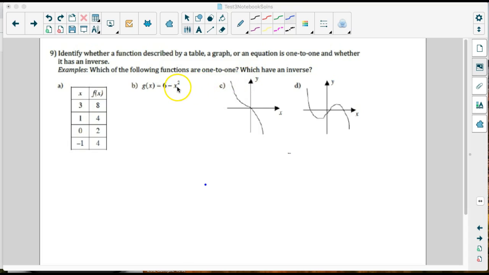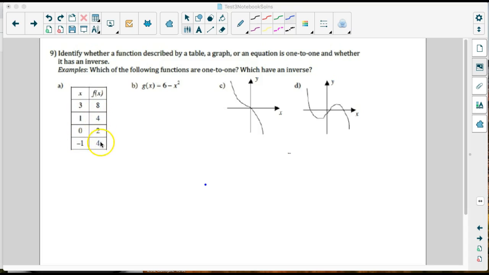So one-to-one means that there's only one value in the range that can be mapped back to a single value in the domain. So that means that each value, if you have a value here that's the same on the range, it has to come back to the same x value.